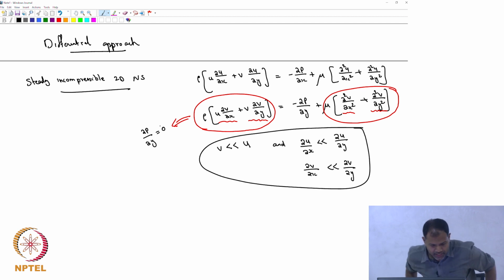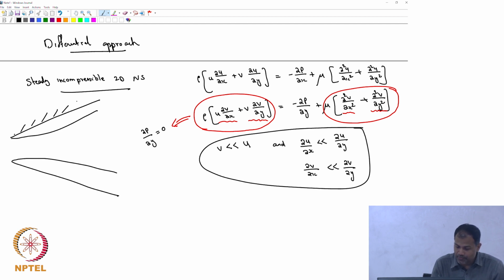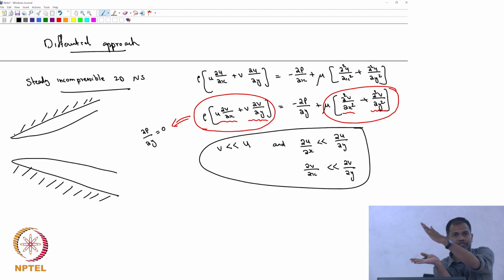Or to put it physically, let's say we have a diverging channel, with two plates diverging, and a fluid is coming and a boundary layer starts growing on the solid wall.